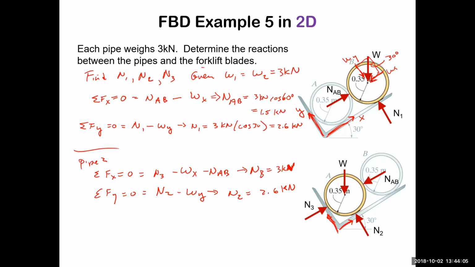If you just did the sum of x's with x going this way, the W component is 0, but you're going to have an N1 with the cosine of some angle, and then NAB with the cosine of some angle. So both of those unknowns will appear in the same equation, making it harder to solve. If you tilt them, then each equation only has one unknown.